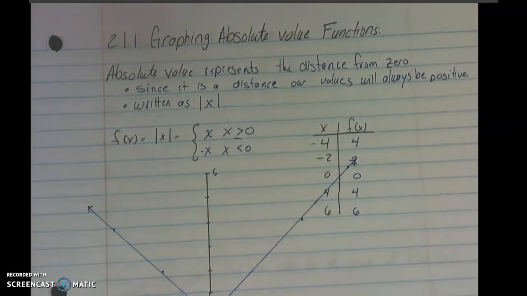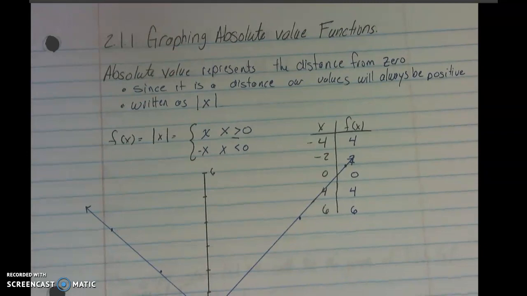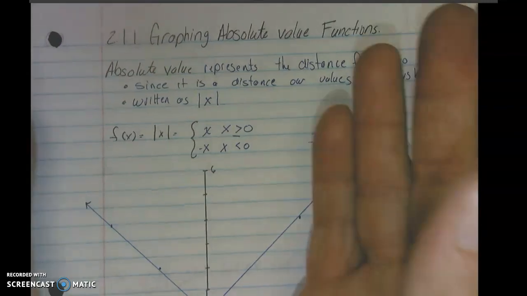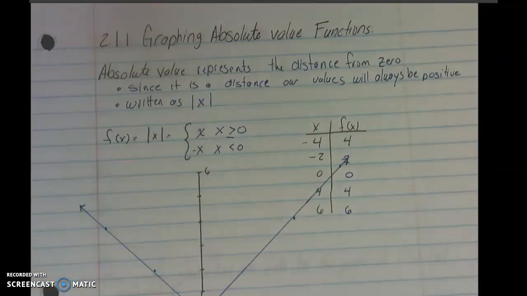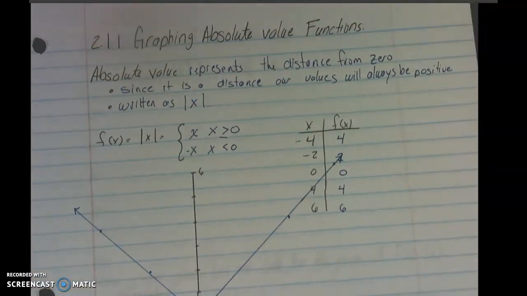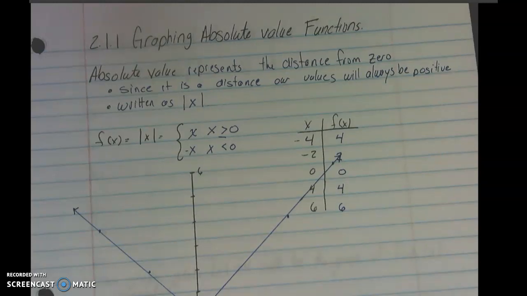So f of x is symmetric across the y-axis. So meaning that if I put this point, I can fold it across the y-axis and it'll go right on top of each other. Pretty nice. Okay. So f of x is symmetric across the y-axis and is therefore an even function.